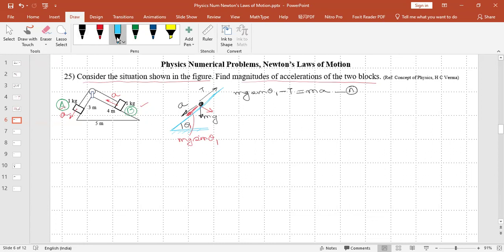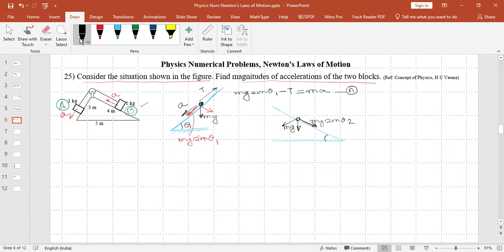Similarly, let us consider the other body, also on an inclined plane, and let's say this mass, and this is the downward gravitational force of it, mg, and the component of mg in this direction is mg sine theta 2.